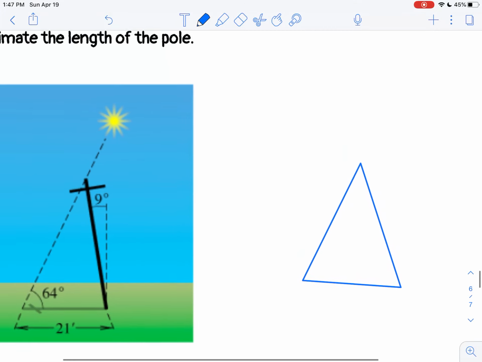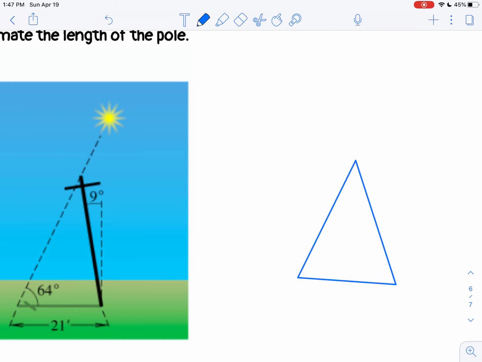I know this angle is 64 degrees, and let me label this A, B, and C. I know this distance down here is 21 feet. And then they give me that if I had a telephone pole standing straight up, this piece would have been 9 degrees.